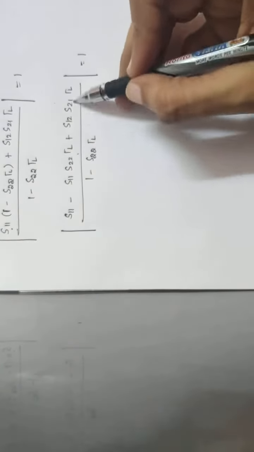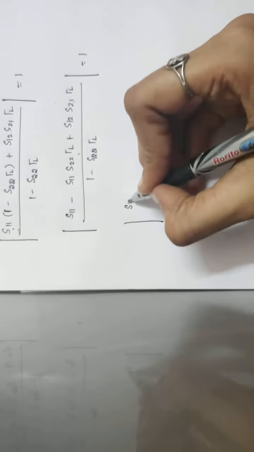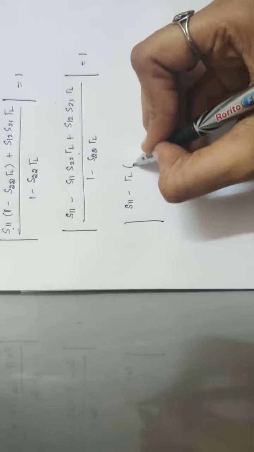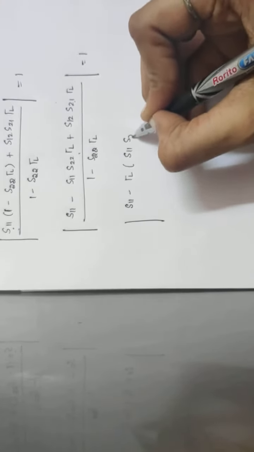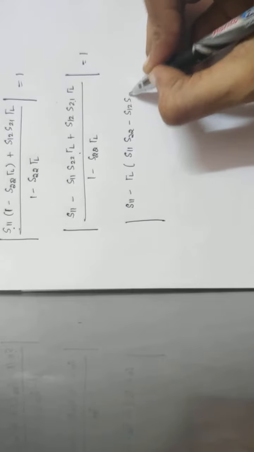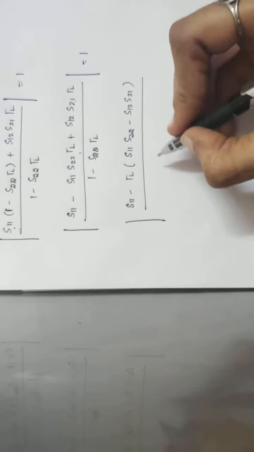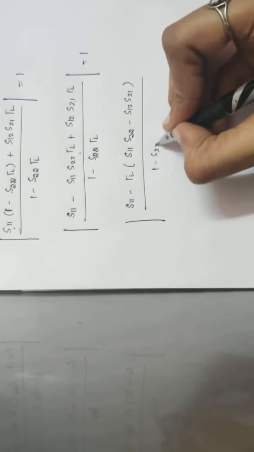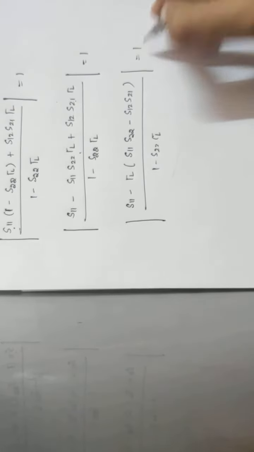Now these two terms have ΓL in common, so let us take it outside. So this becomes S11 minus ΓL into (S11 S22 minus S12 S21) divided by 1 minus S22 ΓL, equal to 1.